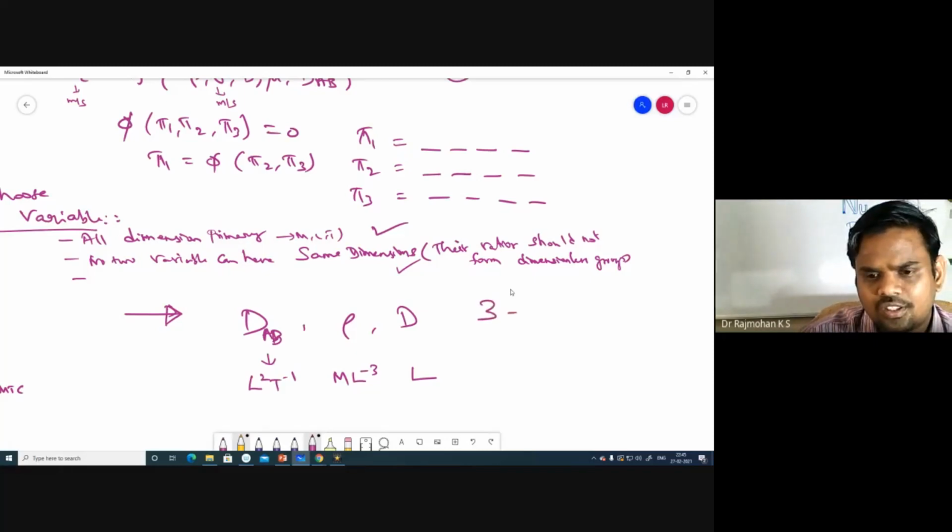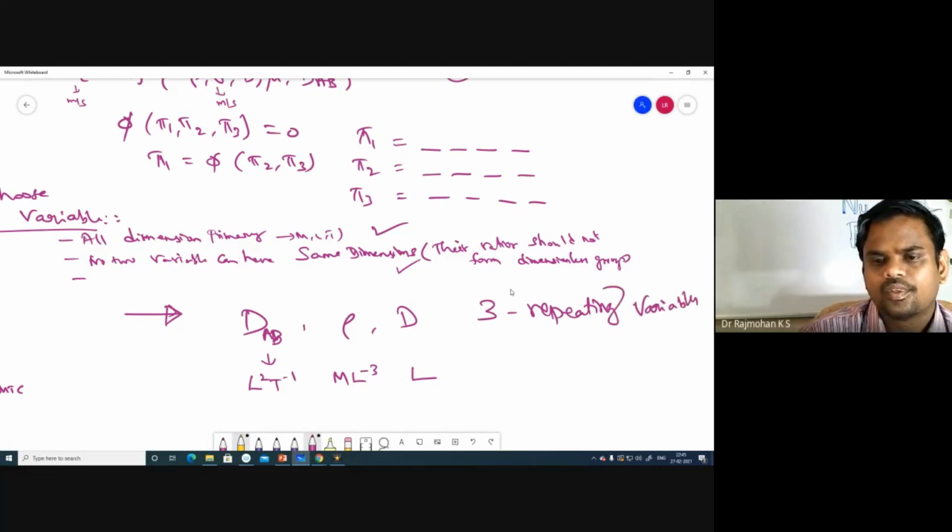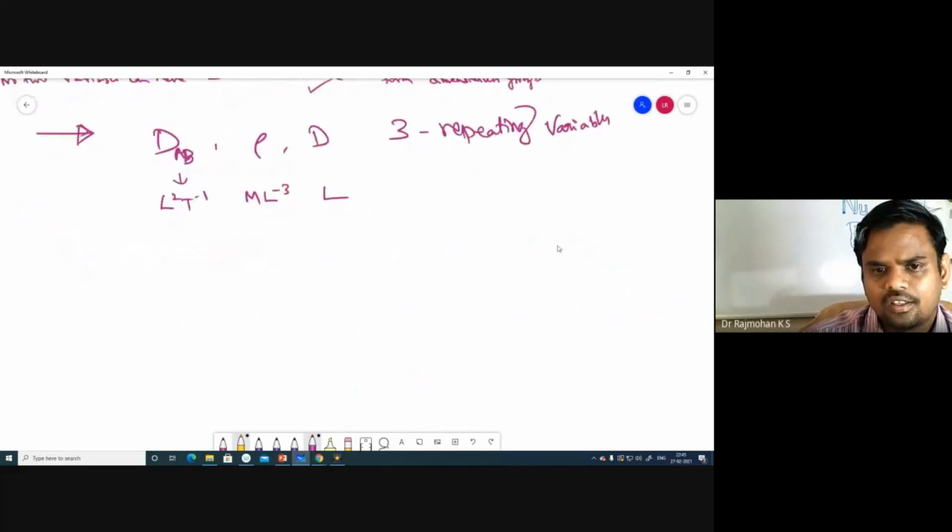We have chosen three repeating variables. So what is the pi group? We can write pi1 as a function: pi1 is equal to DAB power a1, rho power b1 and D power c1, and one non-repeating variable.